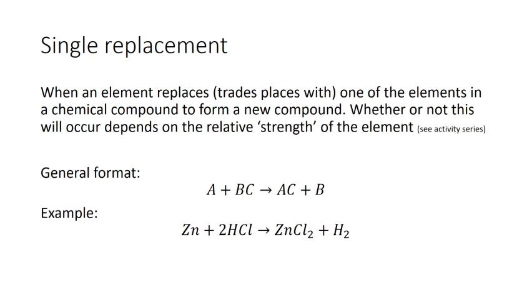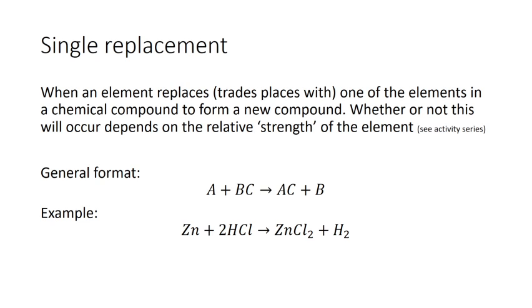Single replacement. This is when an element replaces or trades places with one of the elements in a chemical compound to form a new compound. Whether or not this will occur depends on the relative strength of the elements. See my note there, it says see activity series. So take a look at the activity series.